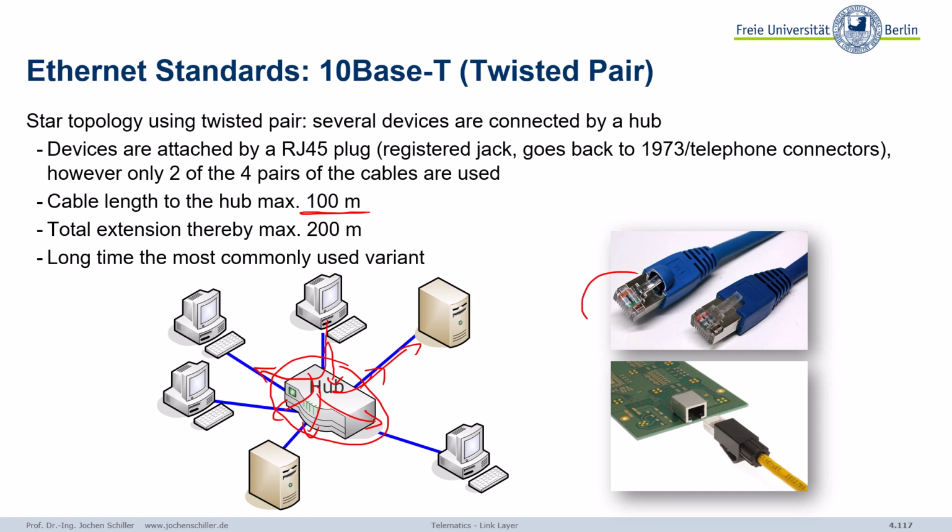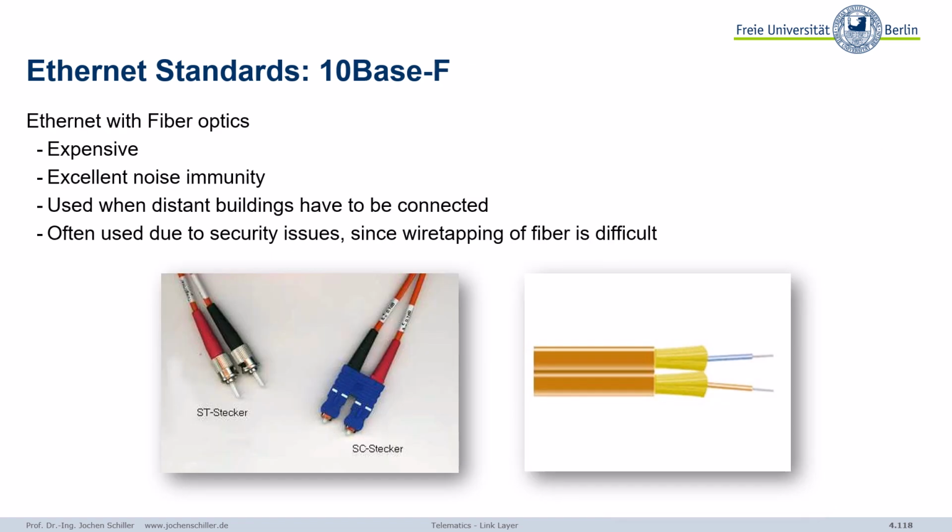And this is also where we started to use the RJ45 plugs. Quite an old standard, but still today you see versions of these plugs, the RJ45 registered jacks, going back to the early 70s. But also the first fibers came up.